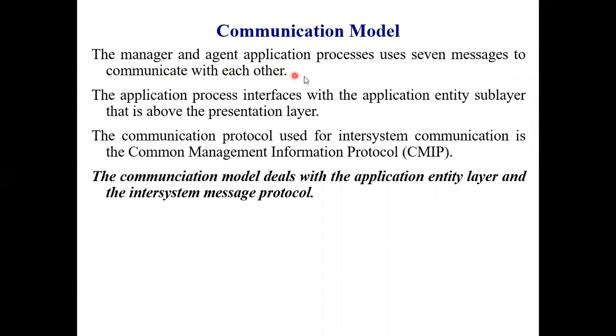The manager and agent application processes use 7 messages to communicate with each other. The application processes interface with the application entity sublayer that is above the presentation layer. Again, the communication protocol used for inter-system communication is your CMIP. So the communication model deals with the application layer entity and the inter-system message protocol.